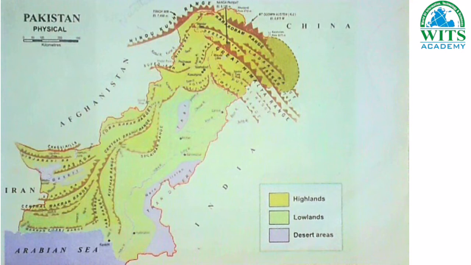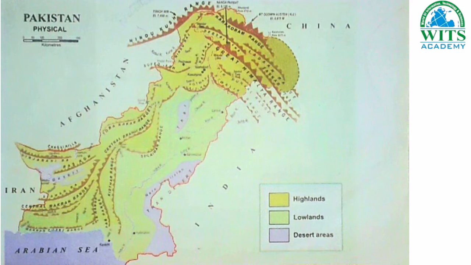Friends, the plain areas of Pakistan cover Punjab and Sindh. Plateaus are spreading through Punjab and Balochistan. The deserts of Pakistan cover most of Punjab and Sindh. The coastal areas are located in Sindh and Balochistan along the Arabian Sea.